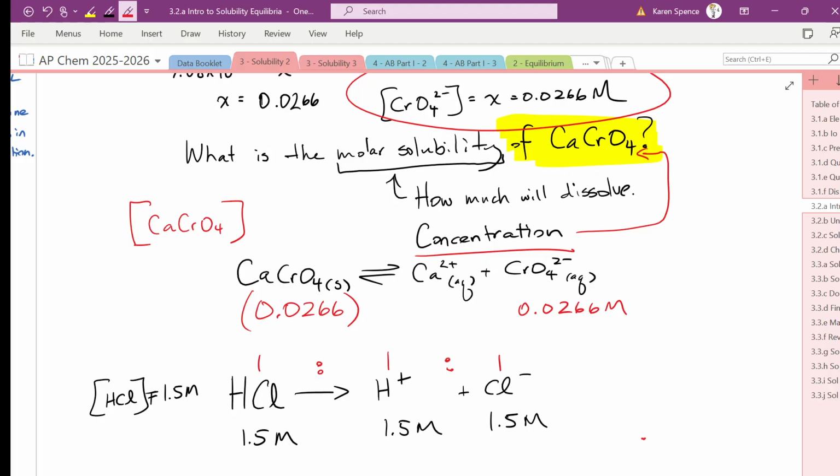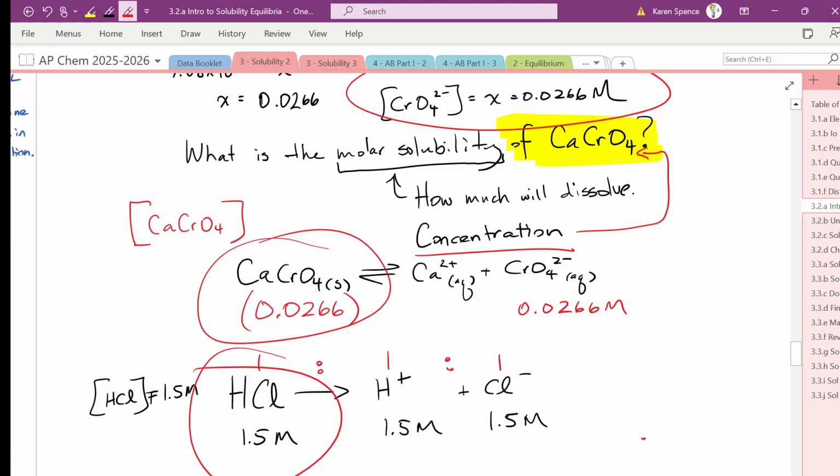Well, it is 0, but the concentration of hydrochloric acid is also 0. But I don't say that. I say I put 1.5 moles of HCl into 1 liter, so the concentration of HCl is 1.5. I don't care what it did afterwards. Yes, it completely dissociated afterwards. So the concentration of HCl is 1.5 molar. How much of the calcium chromate managed to dissolve?